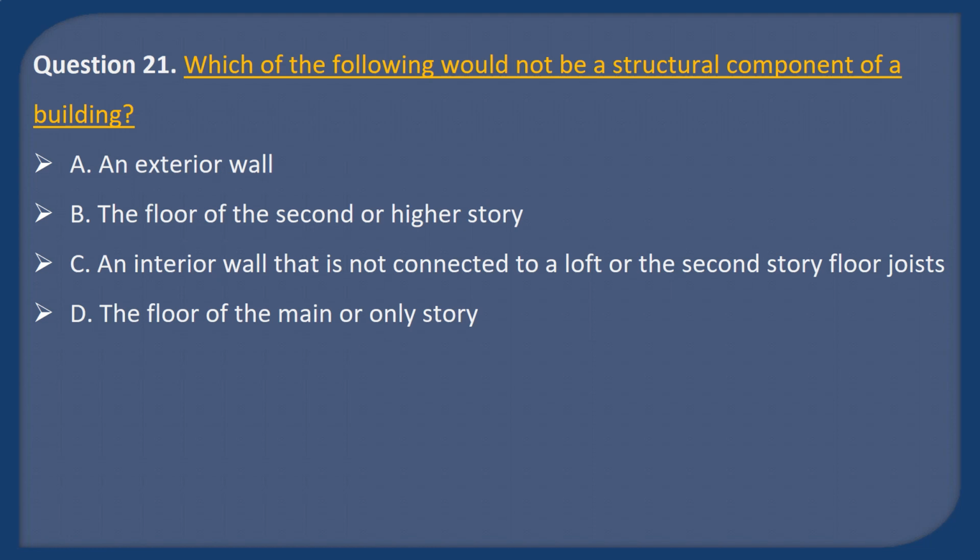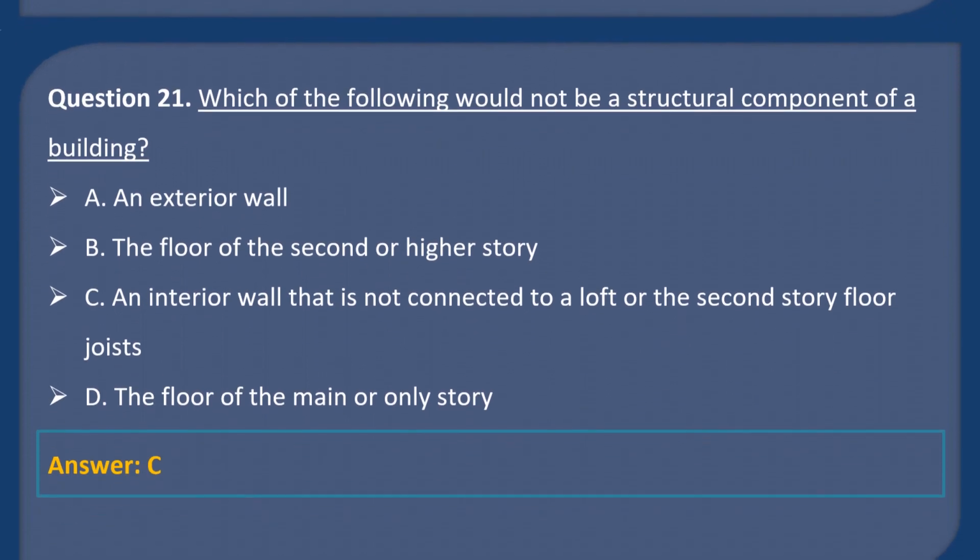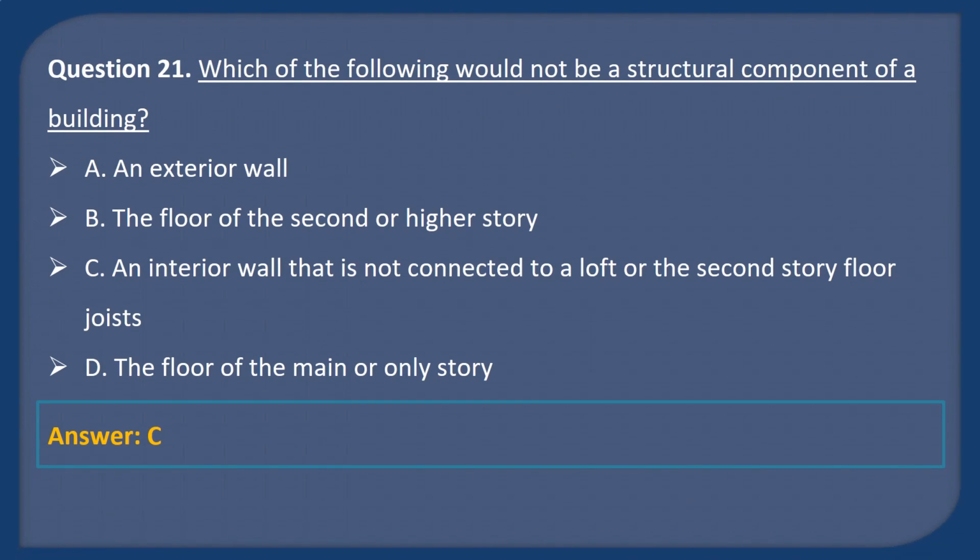A. An exterior wall. B. The floor of the second or higher story. C. An interior wall that is not connected to a lot or the second story floor joist. D. The floor of the main or only story. Answer C.